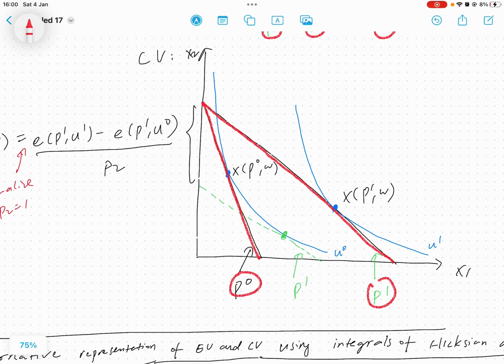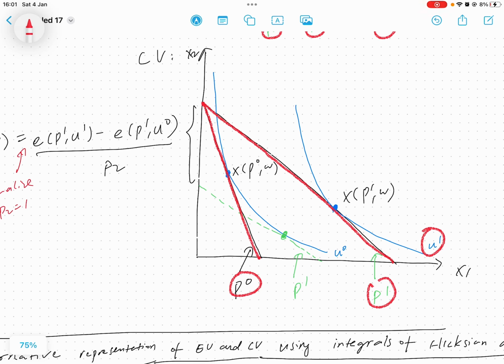In the CV, what we are looking for is the difference of the expenditures. We have two different expenditures. One of those is to reach the utility level U1, which will be this indifference curve, and the other one will be the old utility U0.